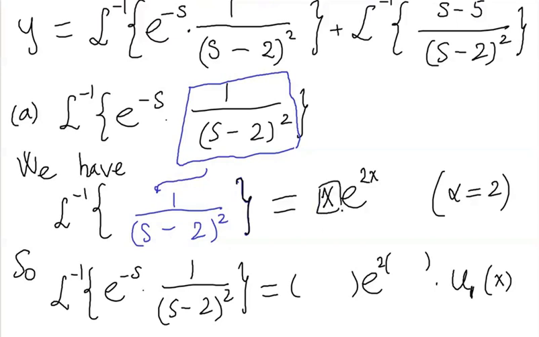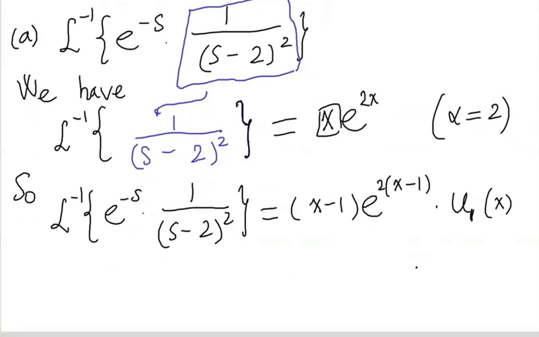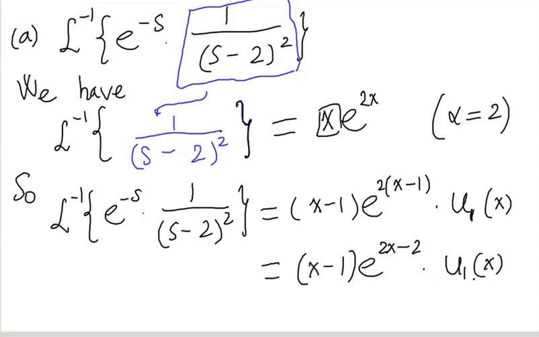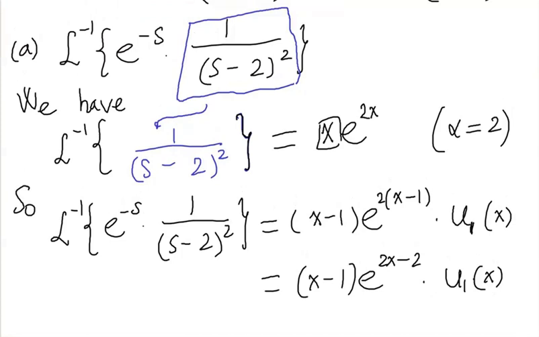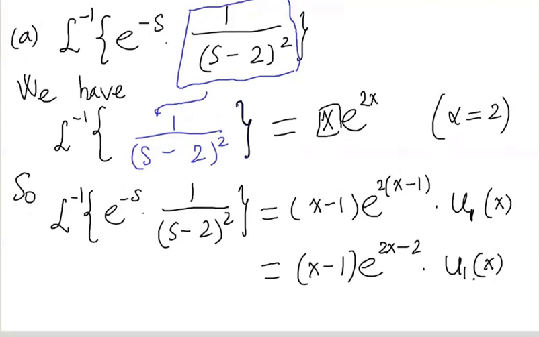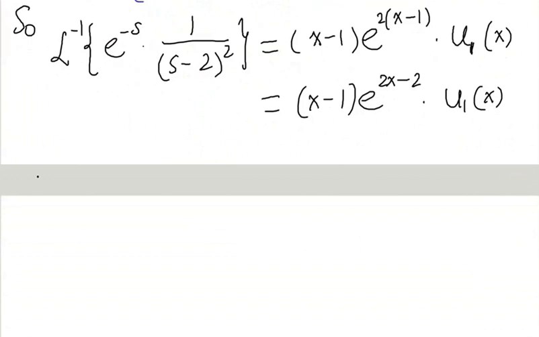I have an x here, so it should be x minus 1. And then I have an x here, so it should be x minus 1 as well. Let's rewrite: e to the 2x minus 2 and then u_1(x). This is the inverse Laplace transform of the first piece involving the exponential e to the minus s.